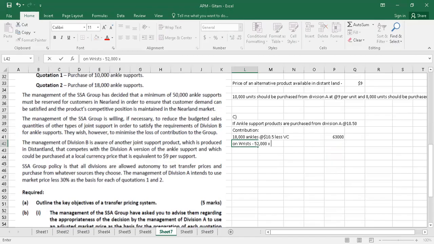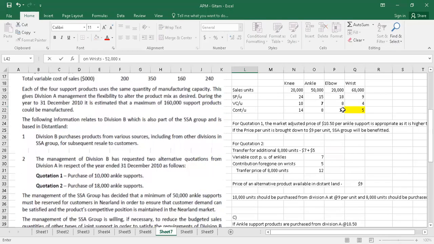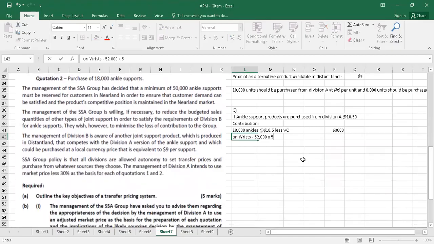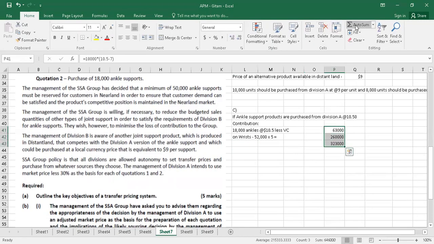Each will be giving a contribution of 5. Total contribution is 323,000.